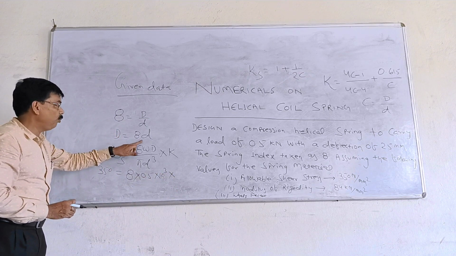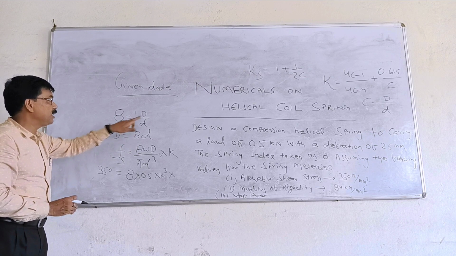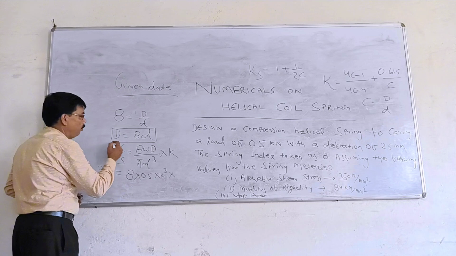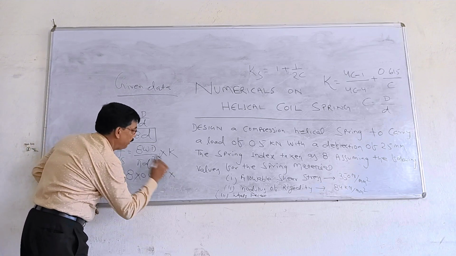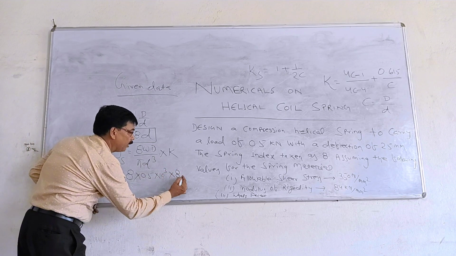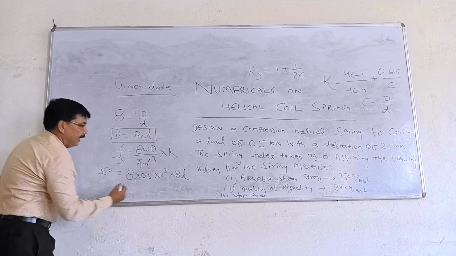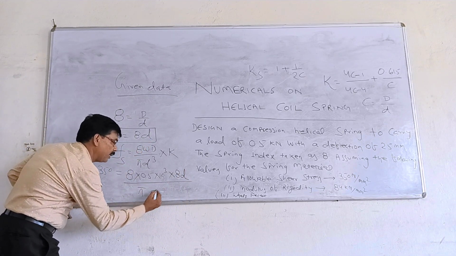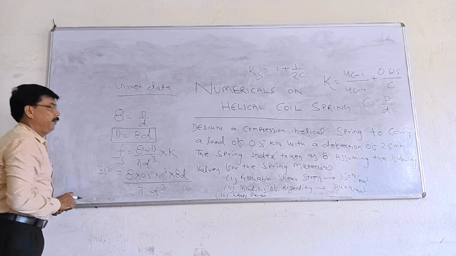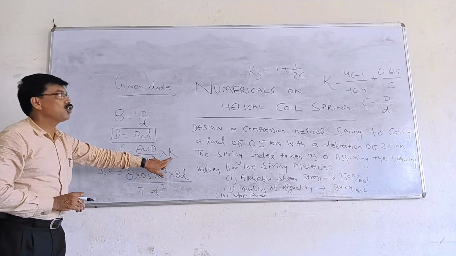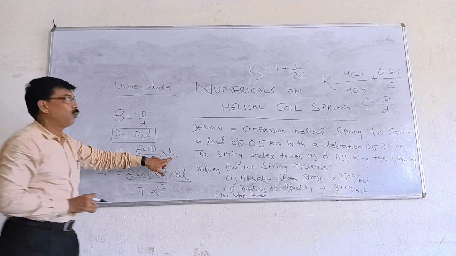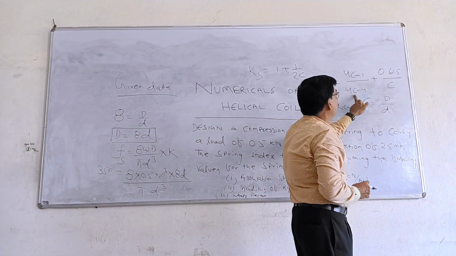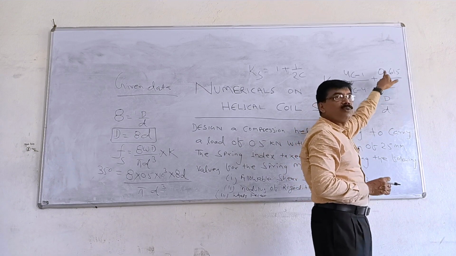Capital D value, from the formula C is equal to D by d, so D value is 8 into d. Use this value here. Capital D is equal to 8 into small d, divided by pi into d cube and K. This K is Wahl's factor. Wahl's factor means 4c minus 1 divided by 4c minus 4 plus 0.615 by c.